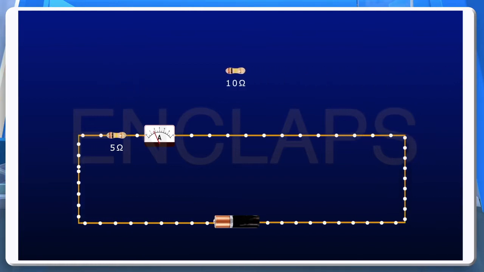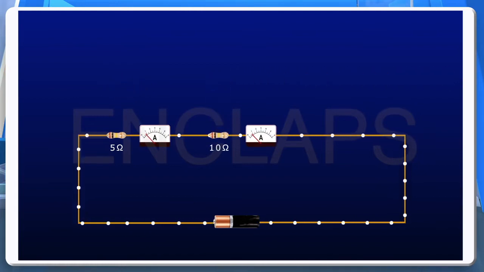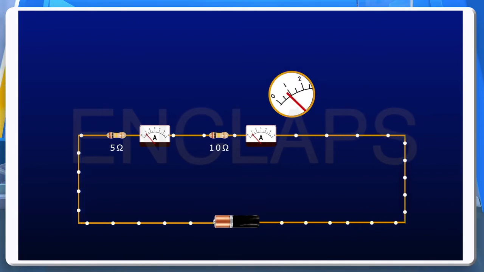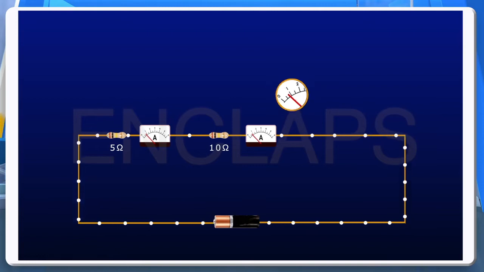When a 10 ohm resistor is connected in series, the ammeter reading is 0.6 ampere. That is, the current in the circuit is 0.6 ampere. The current in the circuit decreases. That is, when resistors are connected in series, the resistance increases.